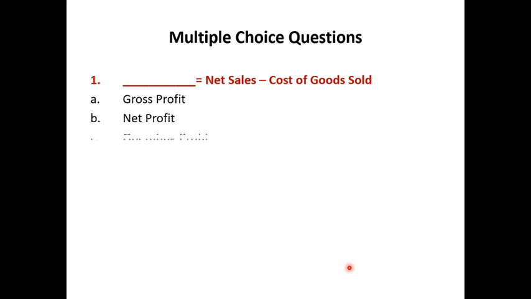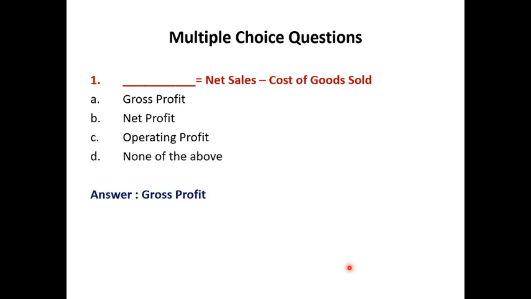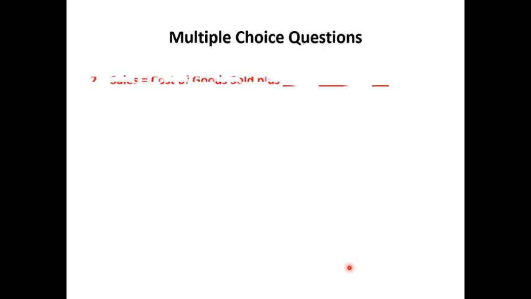Then multiple choice questions. The first one is dash is equal to net sales minus cost of goods sold. Options available are gross profit, net profit, operating profit, none of the above. So the correct answer is gross profit. Next, second one, sales is equal to cost of goods sold plus dash.